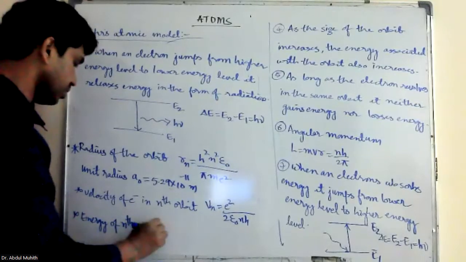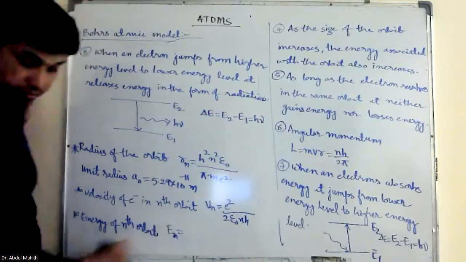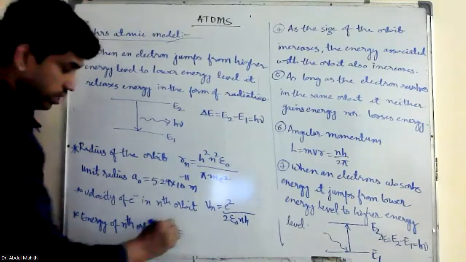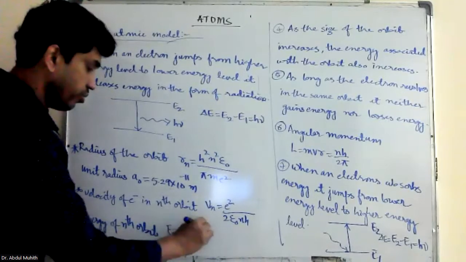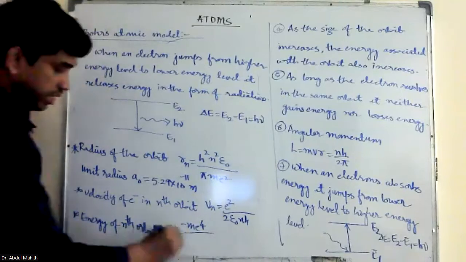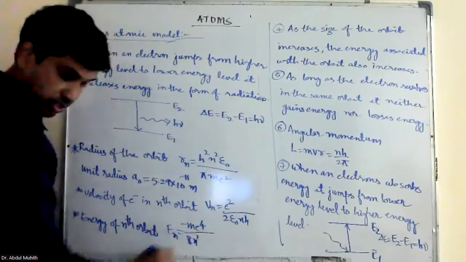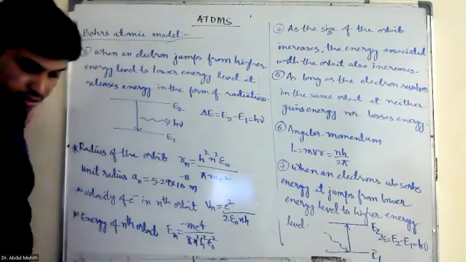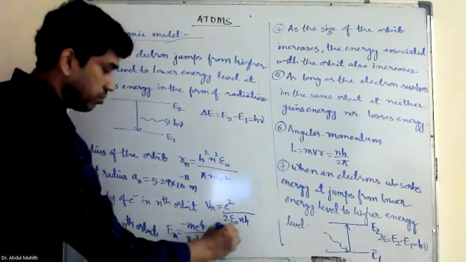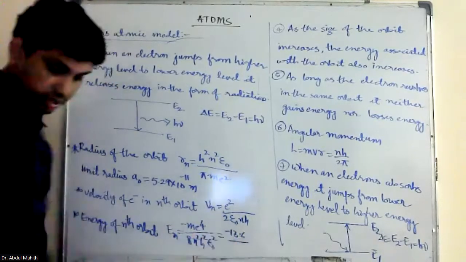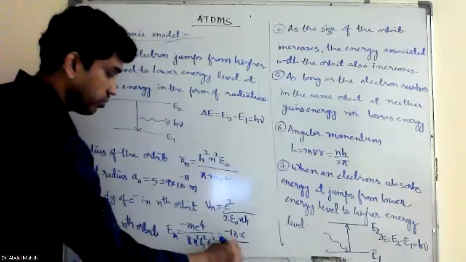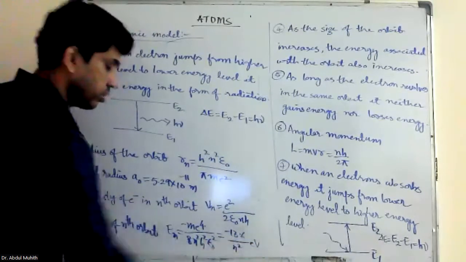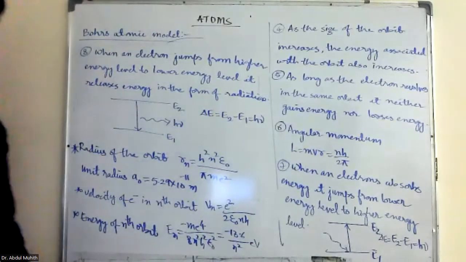The formula is En is equal to minus m e power 4 divided by 8 n square h square epsilon 0. That is equal to minus 13.6 divided by n square electron volt. Clear?